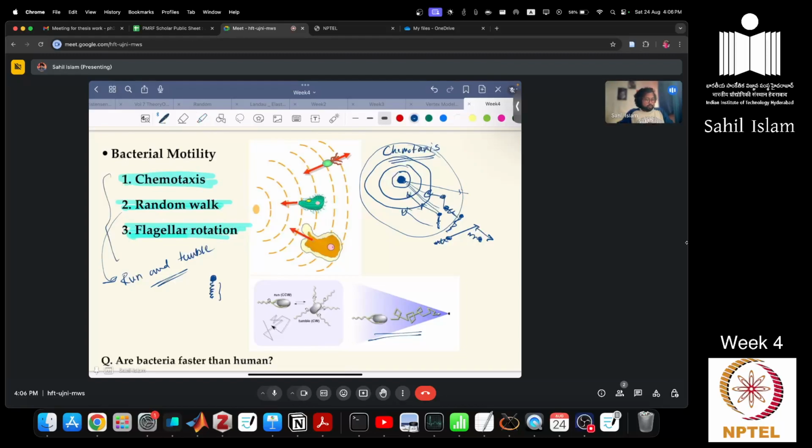So from all of this information you can calculate the speed of a bacteria moving in a biological system. To calculate that, I encourage you to go through the lectures, and you will have information that will help you calculate this bacterial motion, and you can estimate whether a bacteria is faster than a human or not.